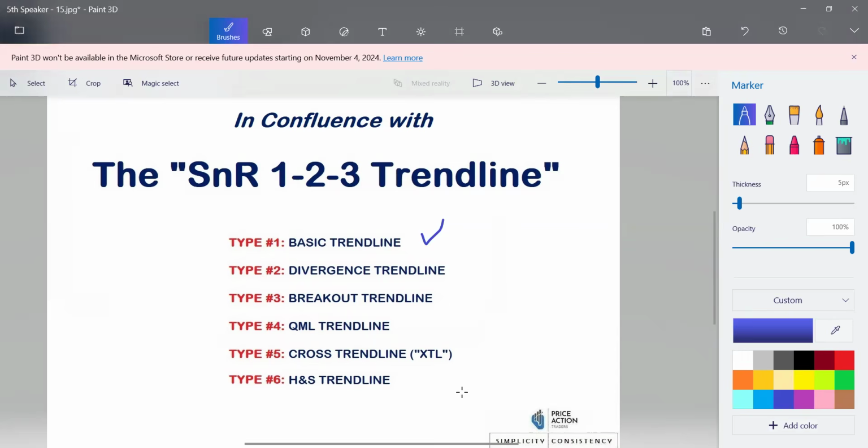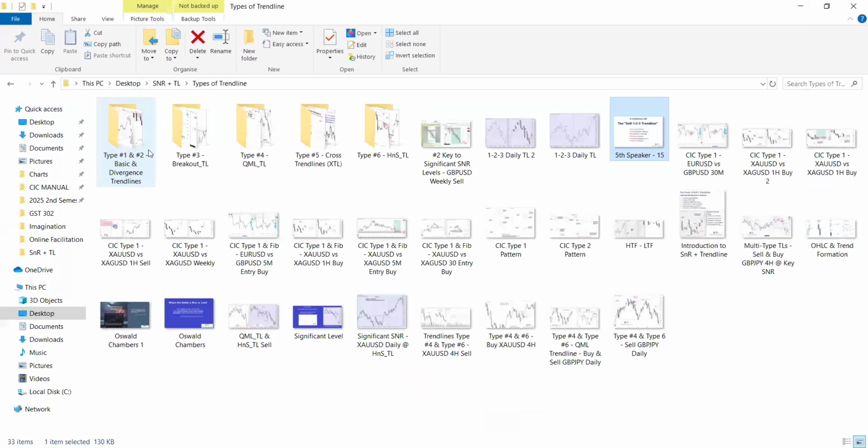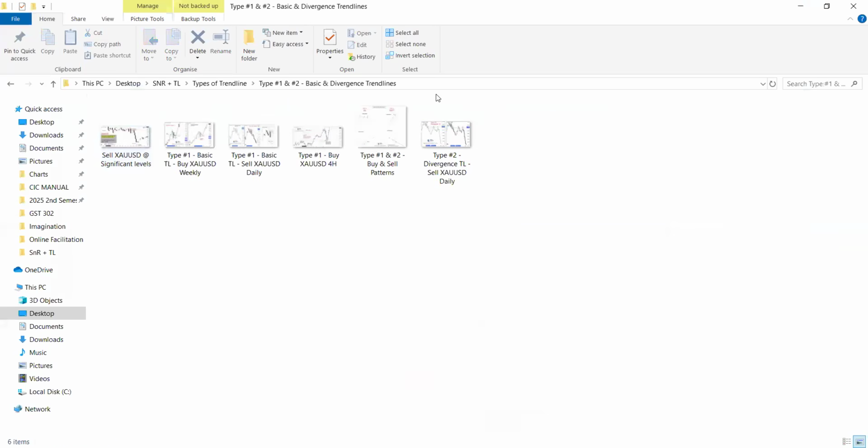Basic trend line. Let's go and see this.